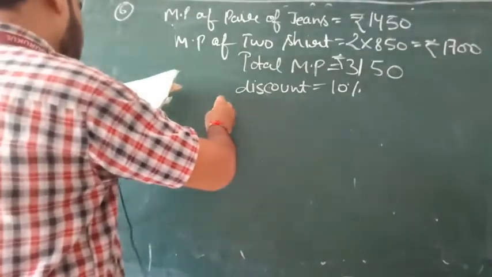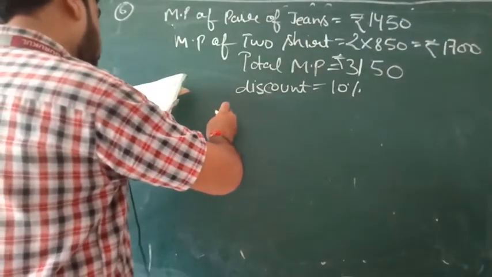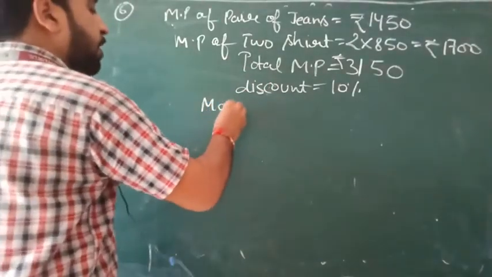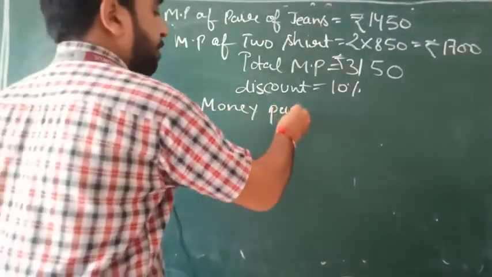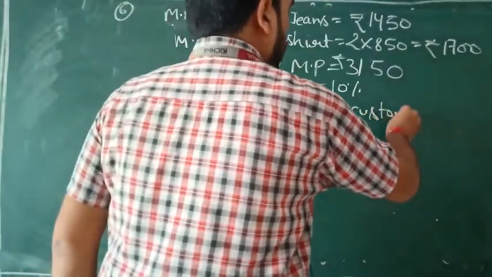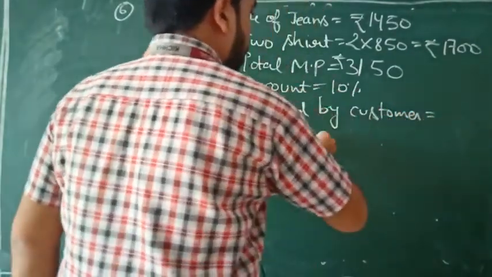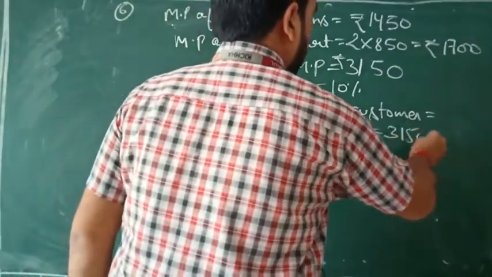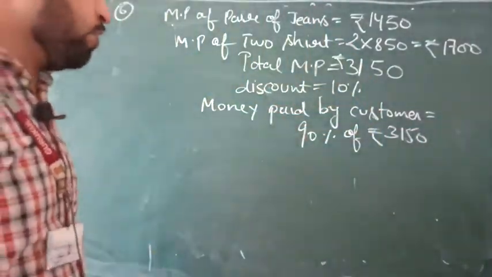So they are asking for the money paid by the customer. Money paid by the customer will be equal to 90% of rupees 3150. Sorry, 90%. 10% is the discount, 90% you have to pay.